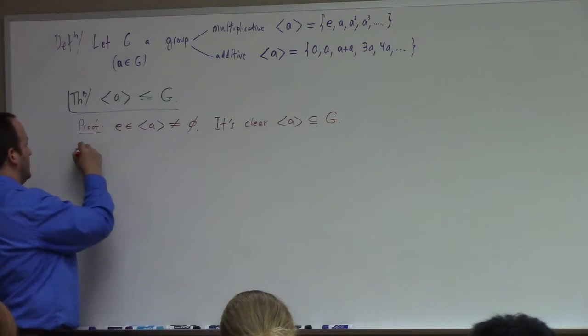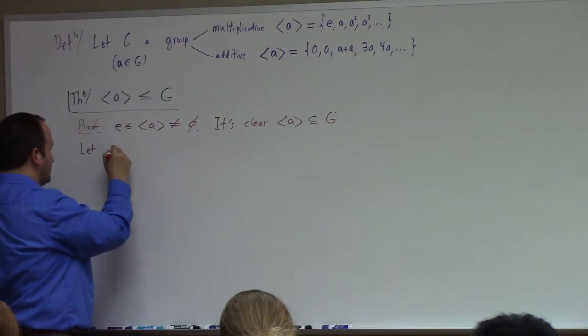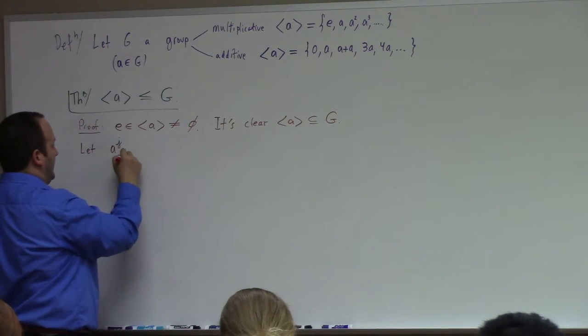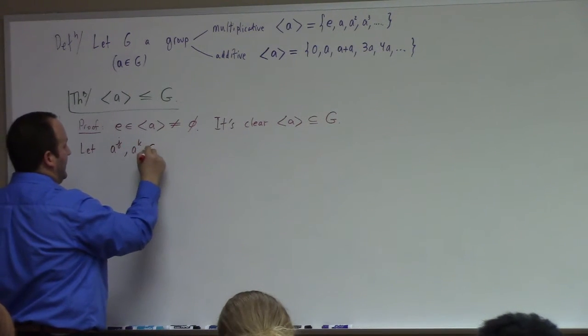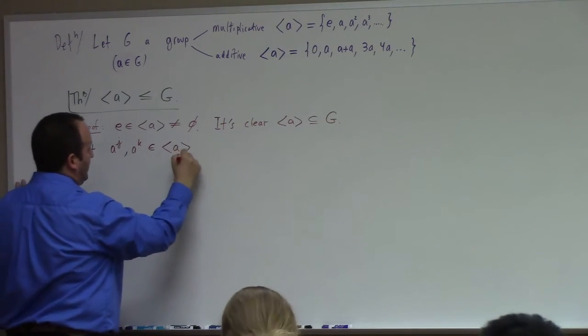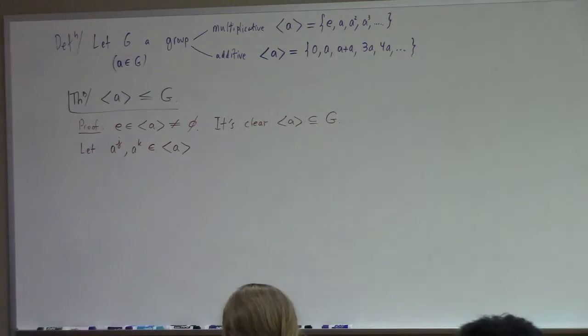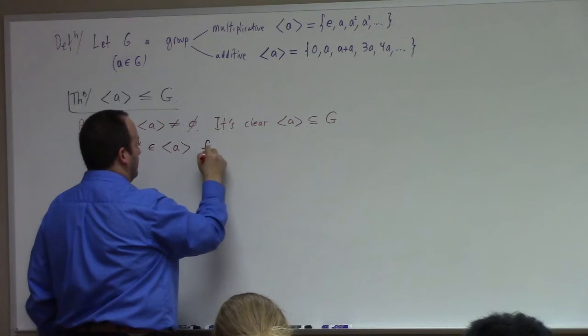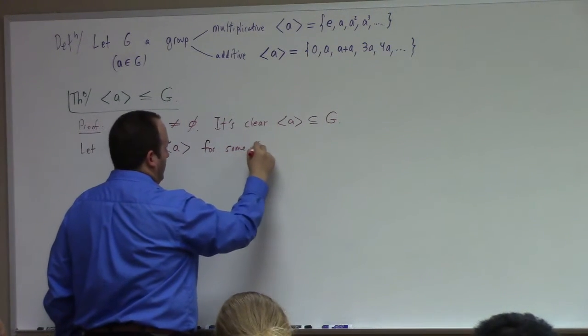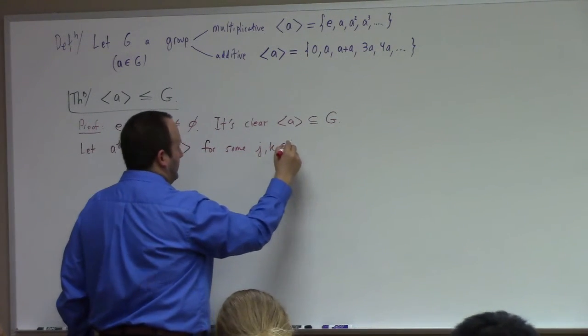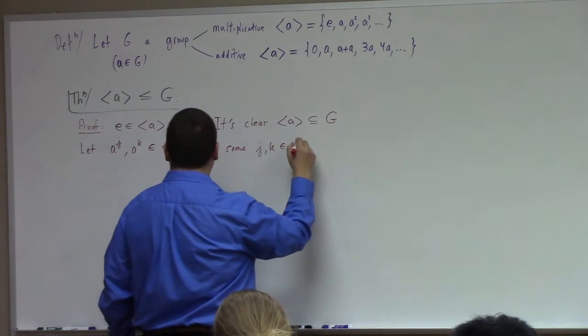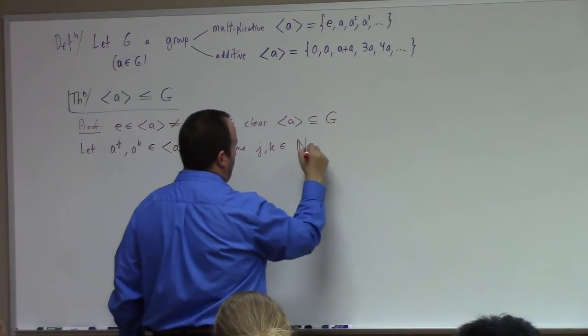Okay, so then let's let A to the J and A to the K be elements of the cyclic subgroup generated by A for some J and K in, let's say, the natural numbers, right?